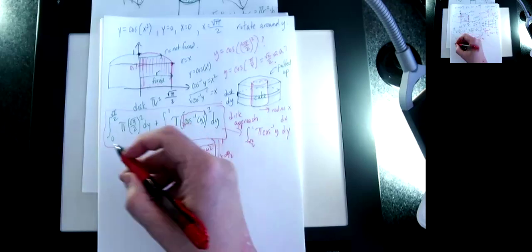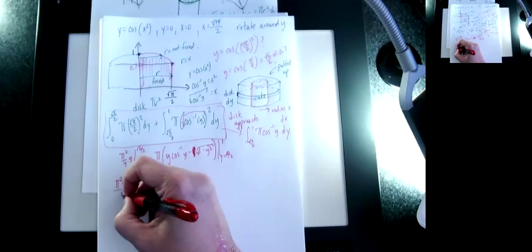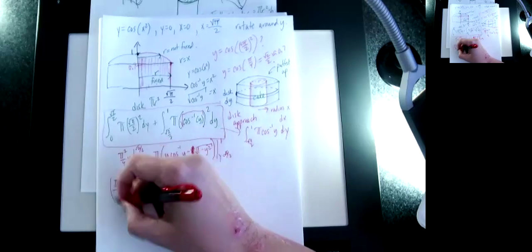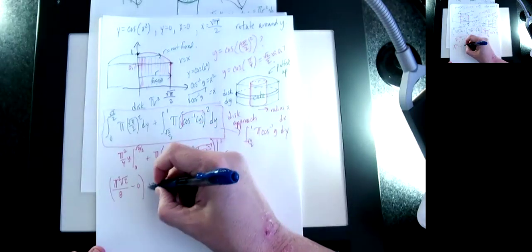Ugh. That's some serious ugh. Top part's not too bad. We get pi squared root 2 over 8 minus 0, of course.